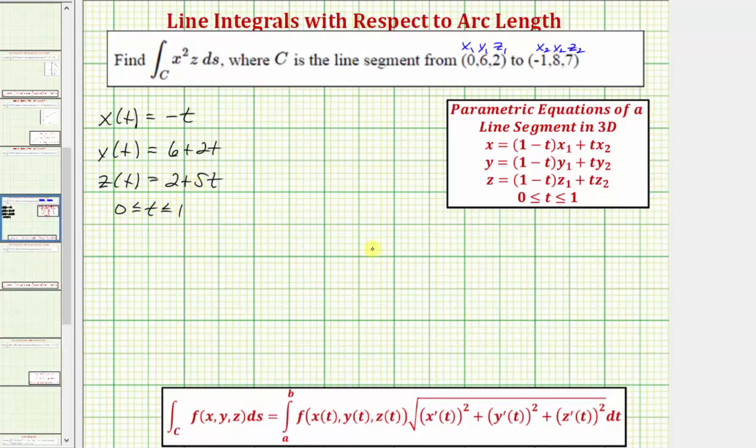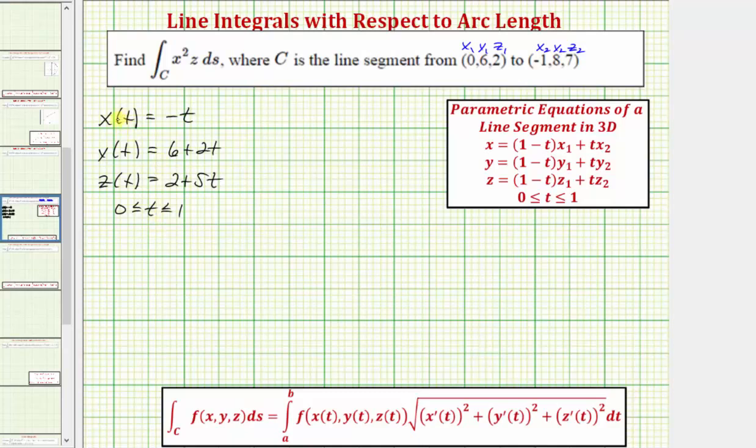Now that we've parameterized the curve C, looking at our notes below, to evaluate the line integral, we're going to write the integrand function as a function of t using the parametric equations, and then differential s is equal to the square root of x prime of t squared plus y prime of t squared plus z prime of t squared dt.